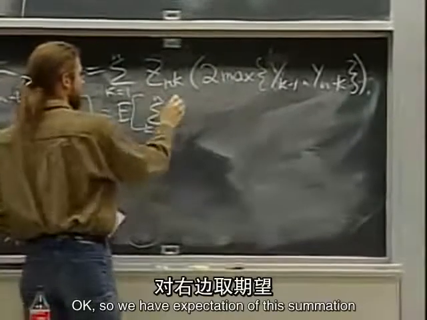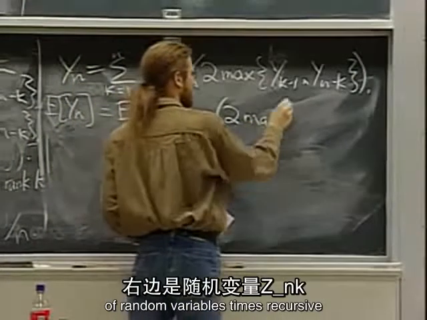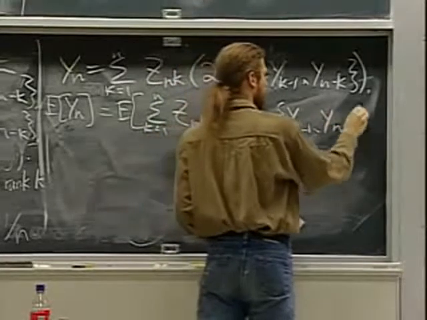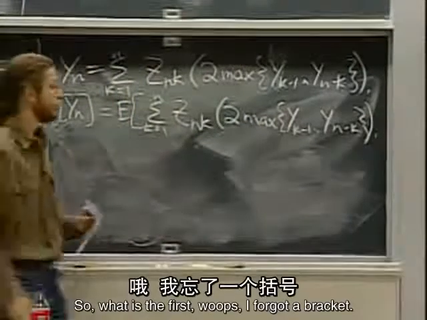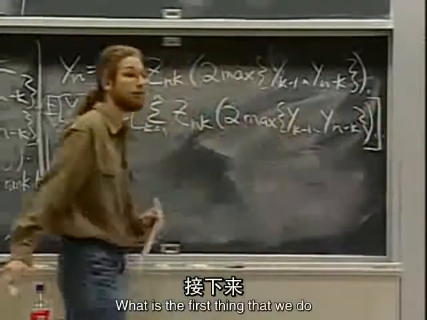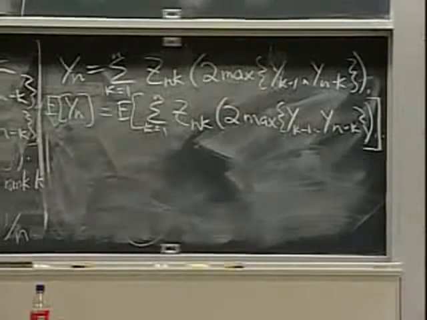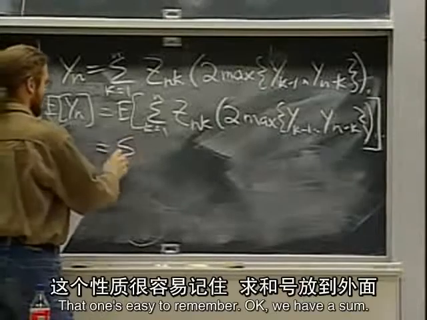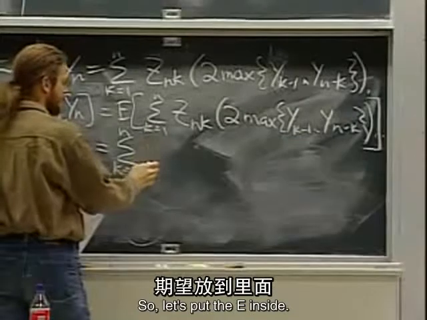Okay, so we have the expectation of this summation of random variables times recursive random variables. What is the first thing that we do in this analysis? Linearity of expectation. That one's easy to remember. Here we have a sum, so let's put the E inside.